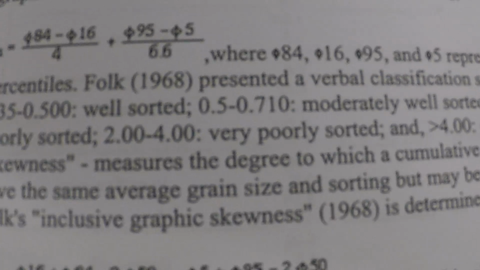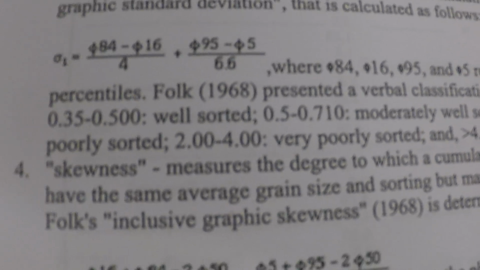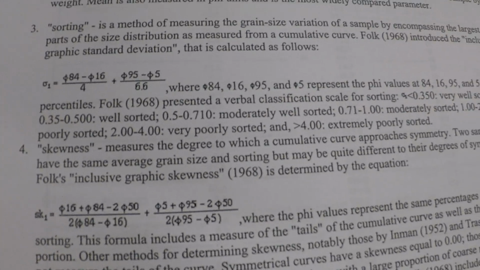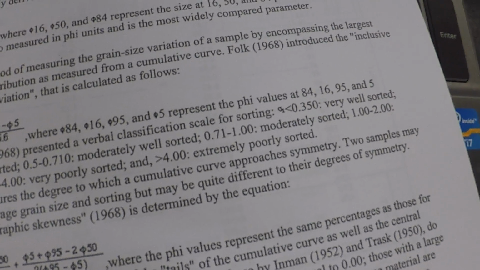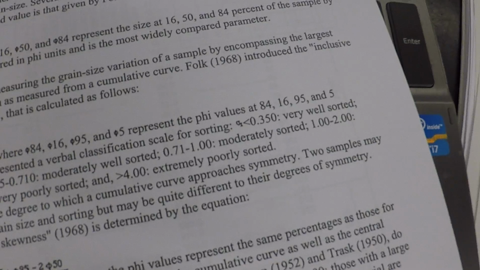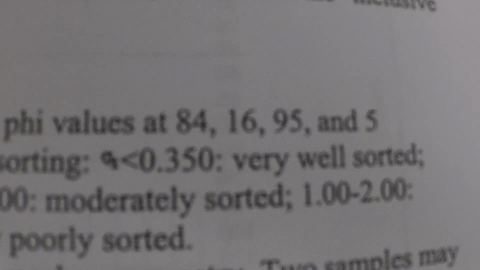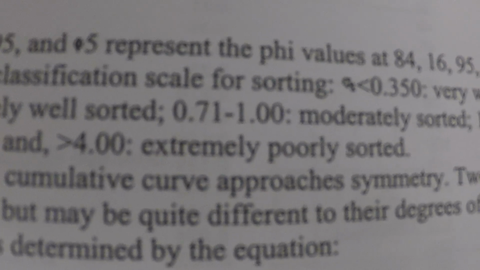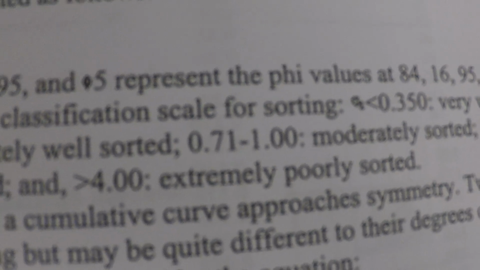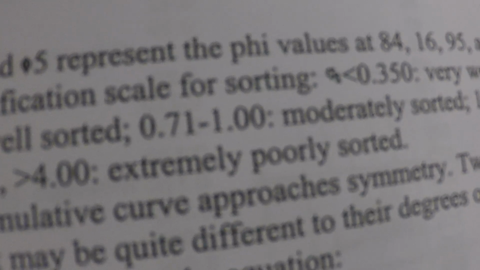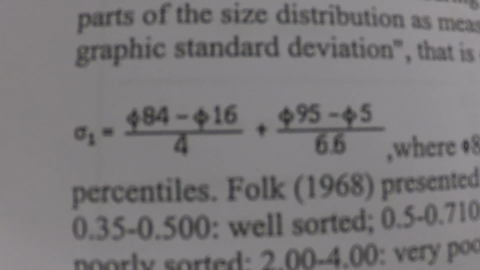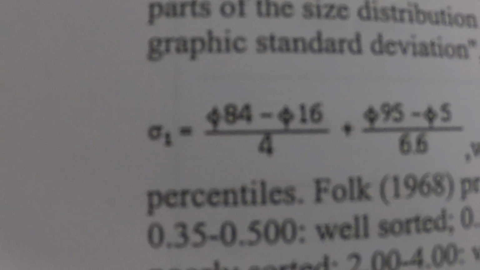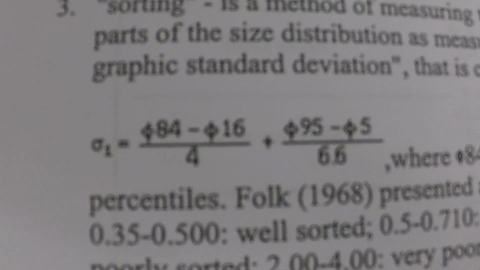Based on that, if you continue to read for the sorting, it will explain what your value represents, from very well sorted to poorly sorted. Whatever value you get is going to indicate how well sorted your sand is in each one of these cores that we took.